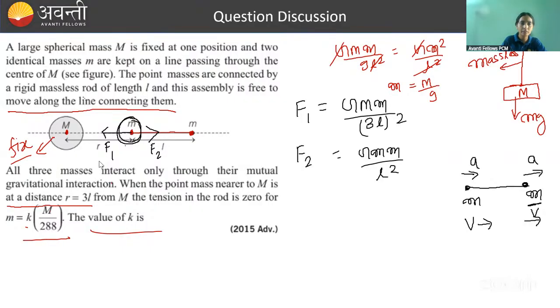If you compare this, k into m by 288 is equal to m by 9. Let's say this. If you cancel M, the value of k will be written as 288 by 9. So maybe we will reach the answer that this is this. But is it correct? We need to check it.